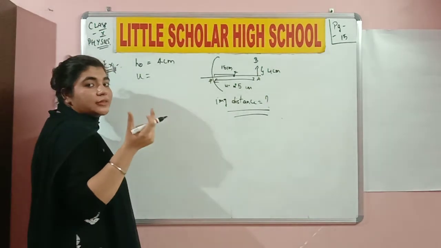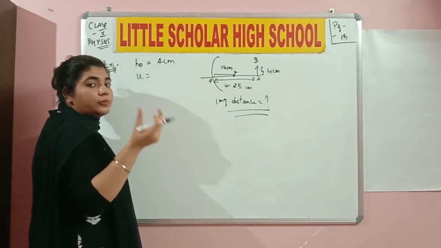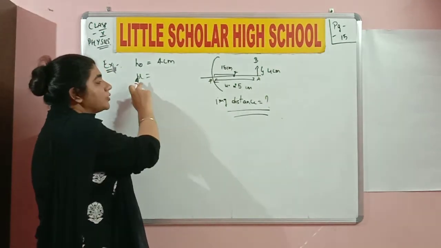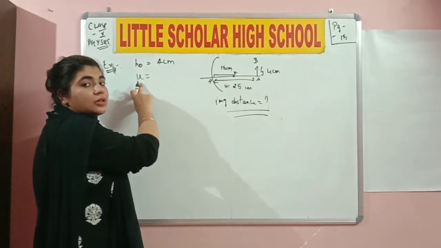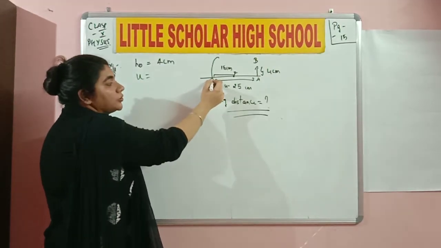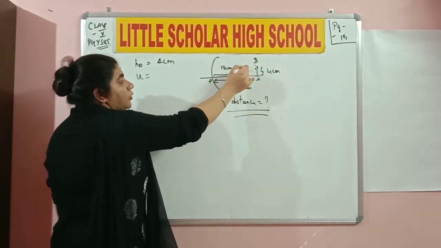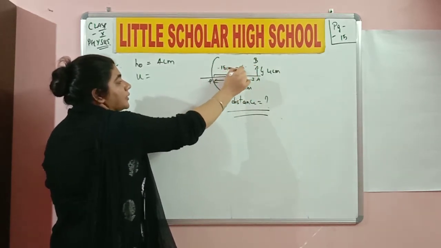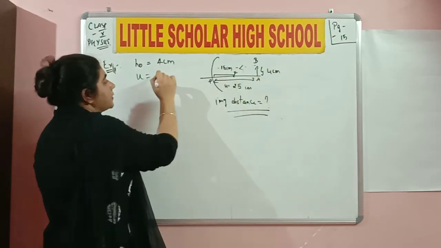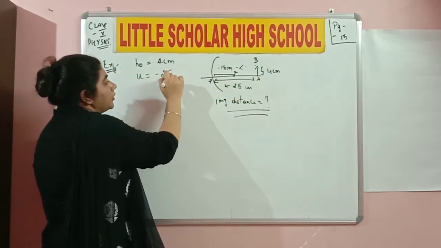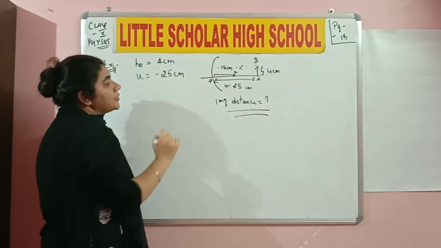So now the object distance is 25 centimeters and we need to measure it from the pole. When you measure the object distance from the pole, you are going against the incident light. When you are going against the incident light, the object distance will be written as minus 25 centimeters.